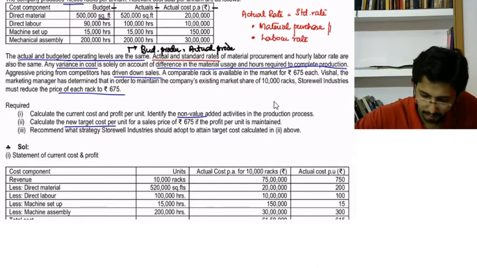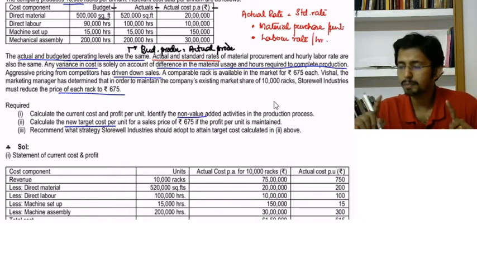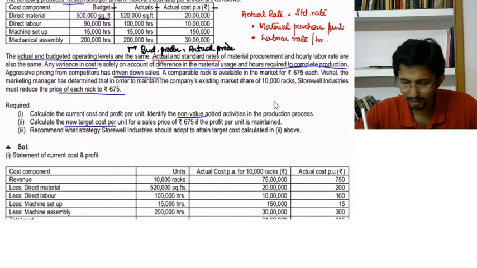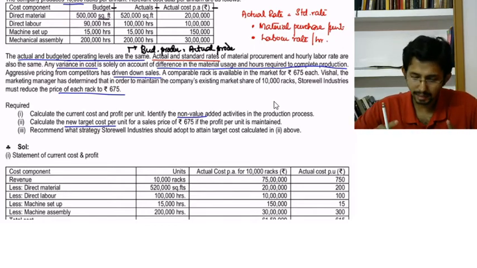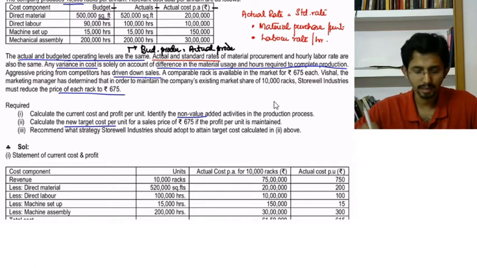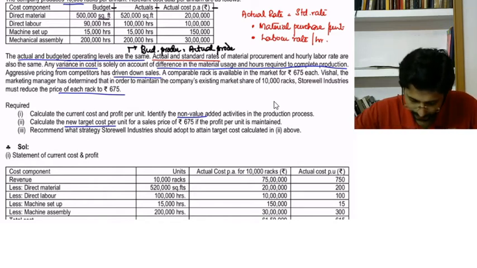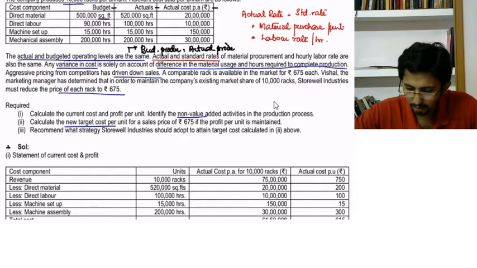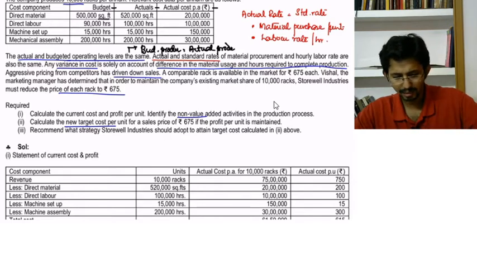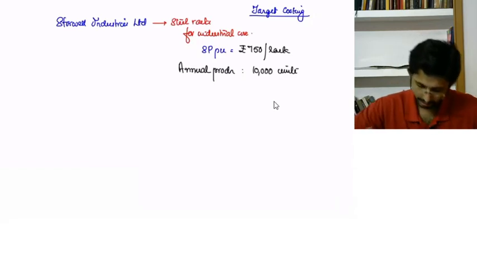This is per unit and this is per hour. Okay, so in the case of material as well as in the case of labor, there is no difference in the rate per hour in case of labor as per the standard and actual, and also in case of material, the price per unit in case of actual as well as standard. Okay, so any variance in cost is solely on account of difference in material usage and hours required to complete the production. I think this point is clear to you, right?